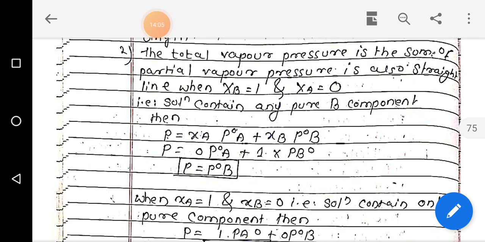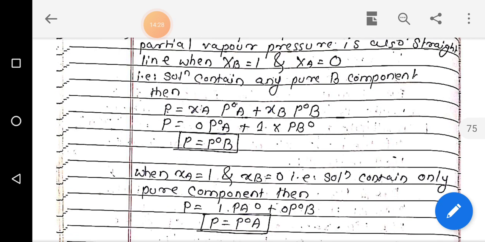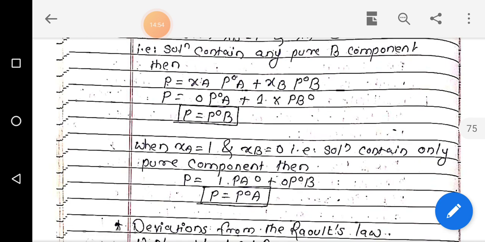When XB is equal to 1 and the mole fraction of A is equal to 0, A is absent and only one liquid is there, that is, the solution contains only pure component B. Then the total pressure is equal to the mole fraction of A into the vapor pressure of pure A plus the mole fraction of B into the vapor pressure of pure B. Here A is absent, so it is written as 0, and only 1 into the vapor pressure of pure B remains. So the total pressure is equal to the vapor pressure of pure B.